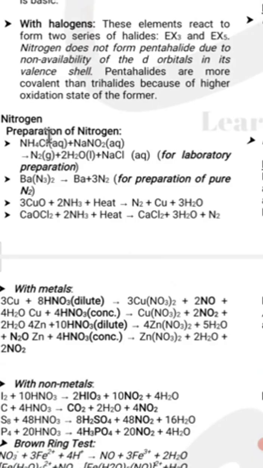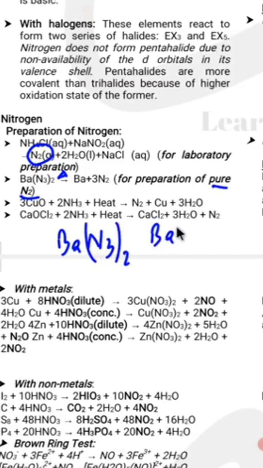For nitrogen, it can be prepared in the laboratory in small amount by reacting ammonium chloride with sodium nitrite. So our nitrogen is formed. And if we want to prepare pure nitrogen, then we can heat the compound Ba(N3)2, which is called barium azide.